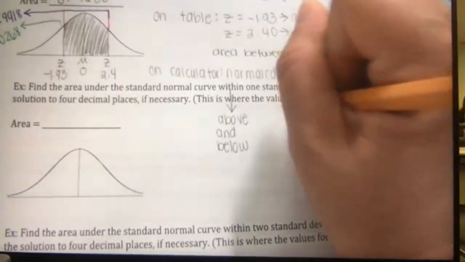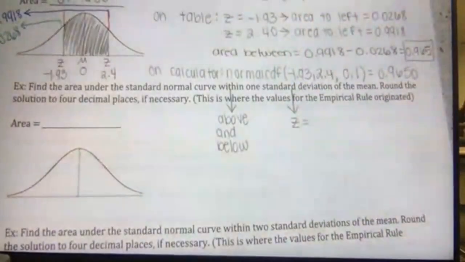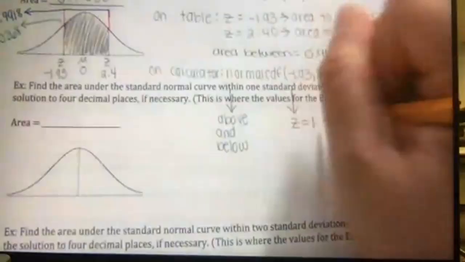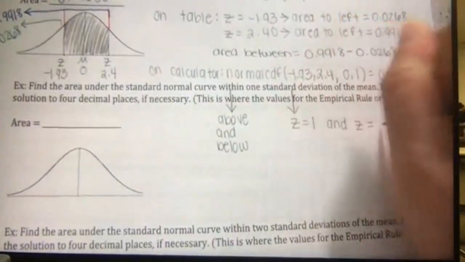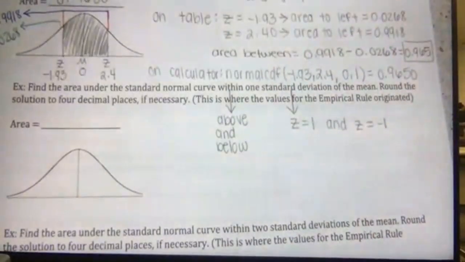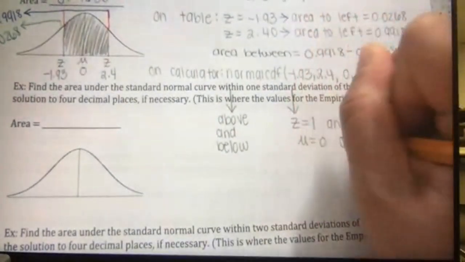One standard deviation, remember, standard deviation is our z values. So 1 above would be positive 1, and 1 below would be negative 1. So that sentence is telling us that z is positive 1 and negative 1. It's also telling us that it's standard, which means our mean is 0 and our standard deviation is 1.